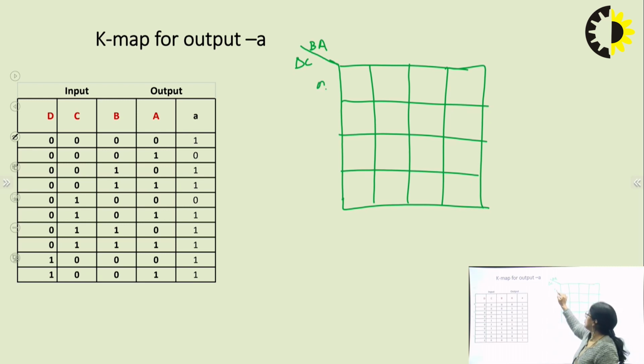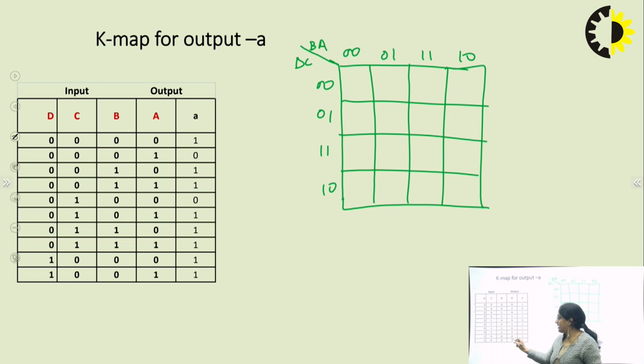So here 0, 0, 0, 1, 1, 1, 1, 0, and the same 0, 0, 0, 1, 1, 1, 1, 0. Now first we will determine what the output is for 10 to 15 after 9. It's mentioned that for 10 to 15, we consider it as a don't care.